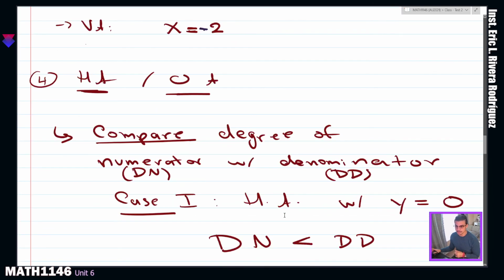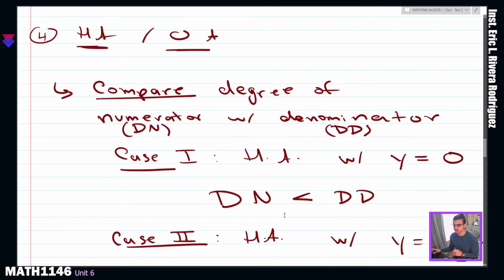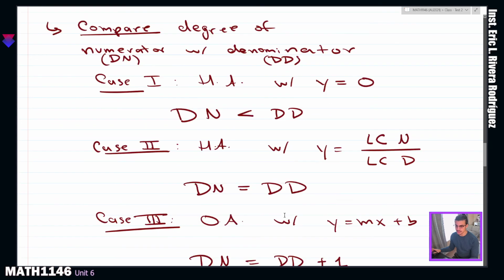Next step, we need to determine if we have a horizontal asymptote, an oblique asymptote, or neither one. We have 3 cases. We are going to compare the degree of the numerator and denominator. When the degree of the numerator is less than the degree of the denominator, we have a horizontal asymptote at y equals 0.